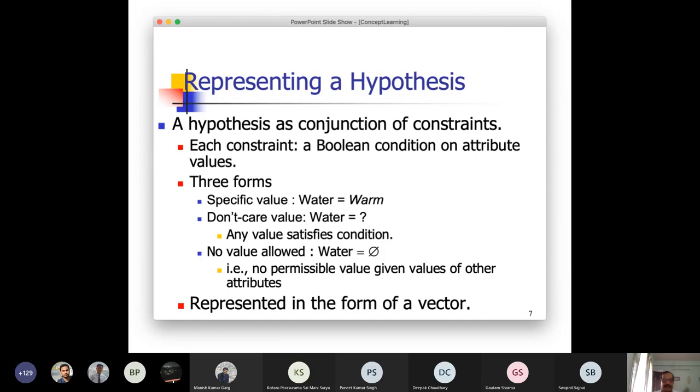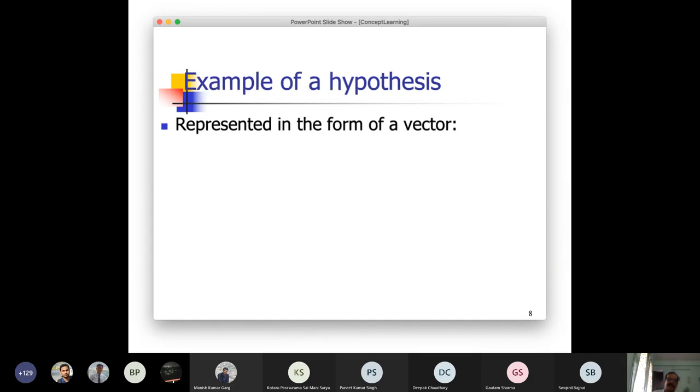And as we have seen with the illustration, we can represent a hypothesis in the form of a vector. Instead of writing all those expressions with the equality operator, I will simply list the attribute values, including the don't care value and also the phi, null value. So I can write any conjunctive normal form expression using them.